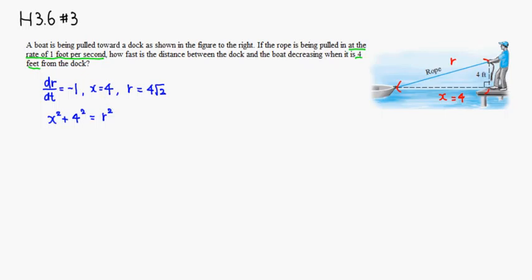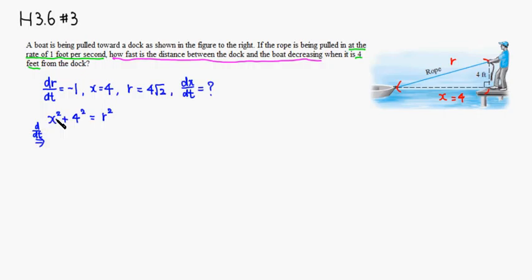So those are the givens, and we came up with an equation using the Pythagorean theorem. The question is how fast is the distance between the dock and the boat decreasing? So we're looking for dx over dt. This is the one we're trying to find. In order to get to that, we have to take the derivative of this equation with respect to t.